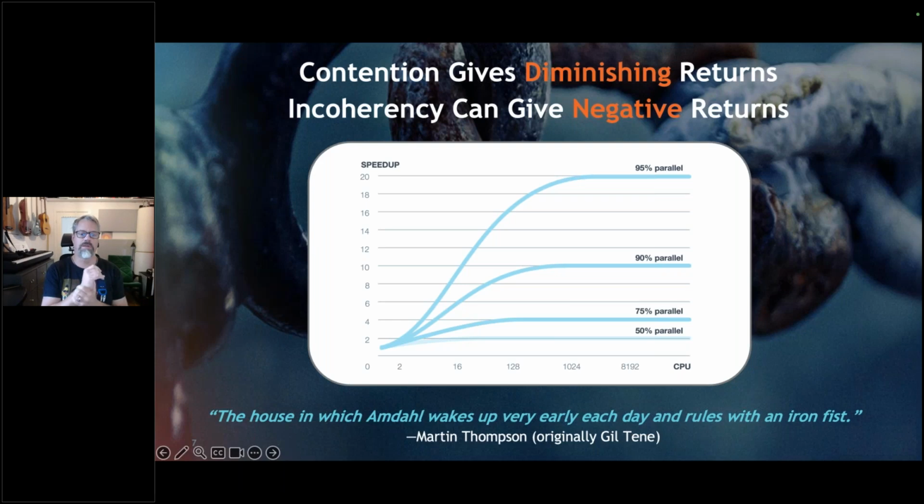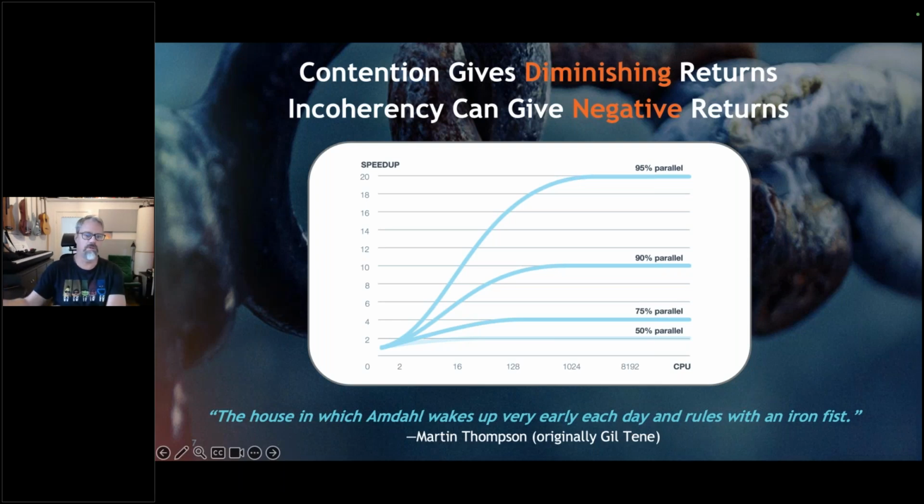And through Amdahl's law, you're really able to model how contention affects parallelized systems. And as you can see here, after you hit a specific threshold, it will start flattening out, meaning the speed up of your system as you add cores.